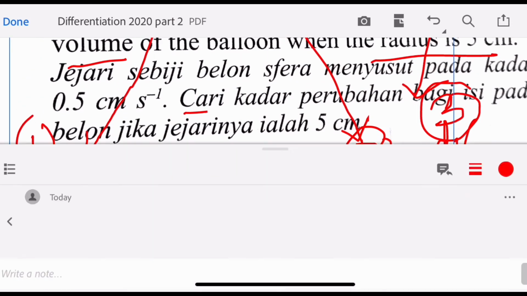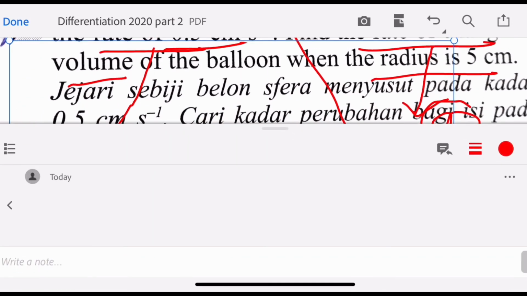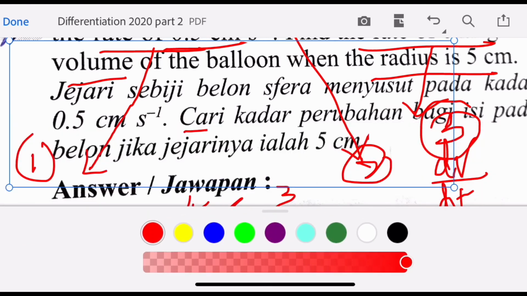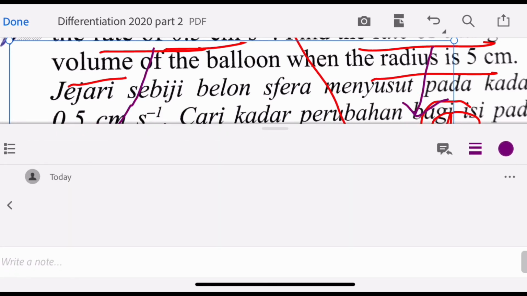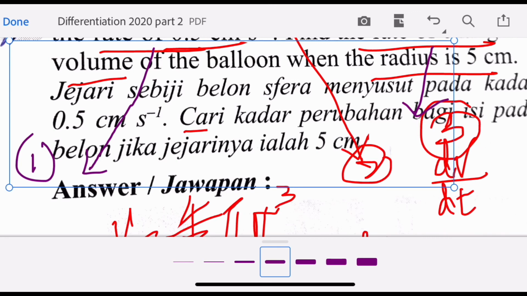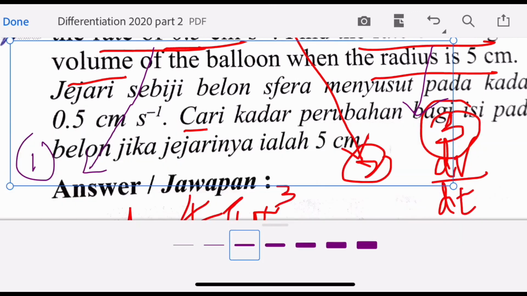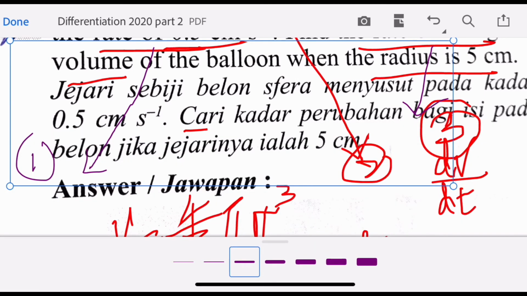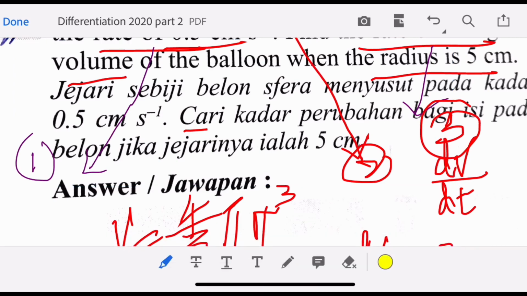If you don't understand, just assume your V is a Y, your R is your X, then you do dy/dx, something like that. But you don't write dy/dx, okay? You write dV/dr, because our variables are not Y and X. The Y is represented by volume, and the X is represented by the radius.